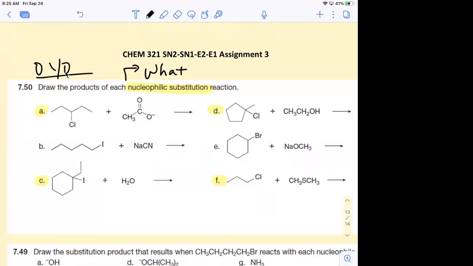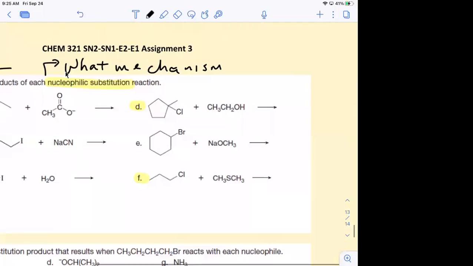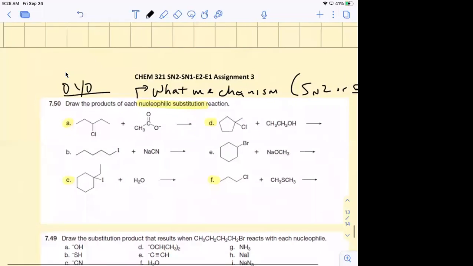So this is on your own, those 4 problems. And then also add in what mechanism.